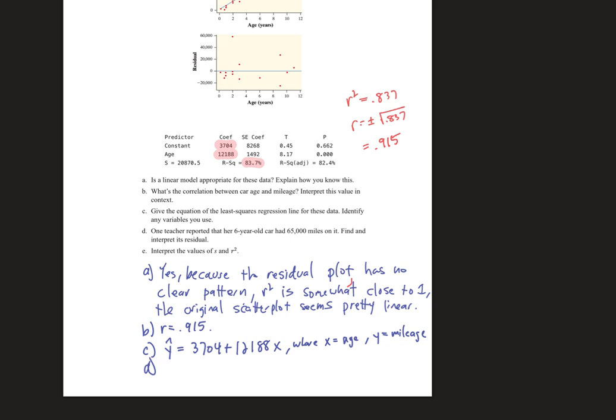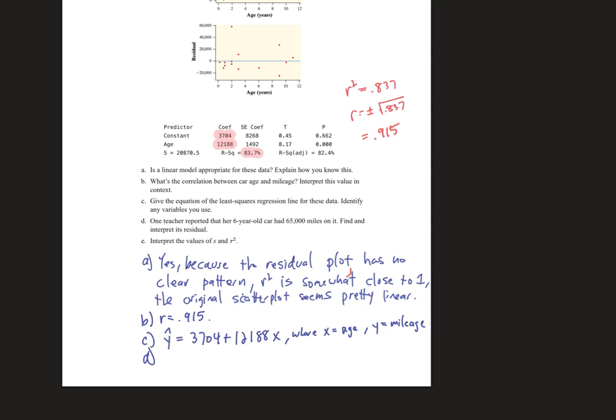Okay, part D. One teacher reported that her 6-year-old car had 65,000 miles on it. Find and interpret this residual. So residual equals actual minus predicted. We know the actual, that's what they give us, 65,000.